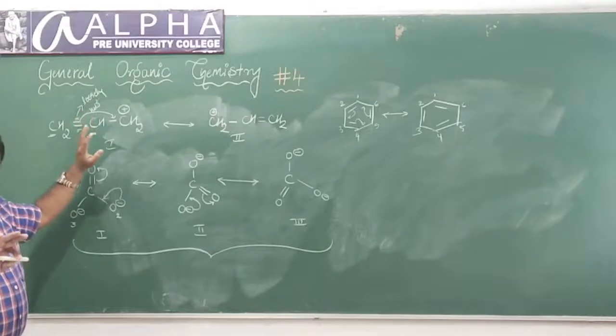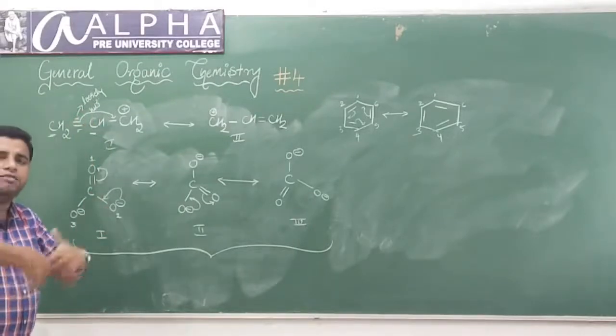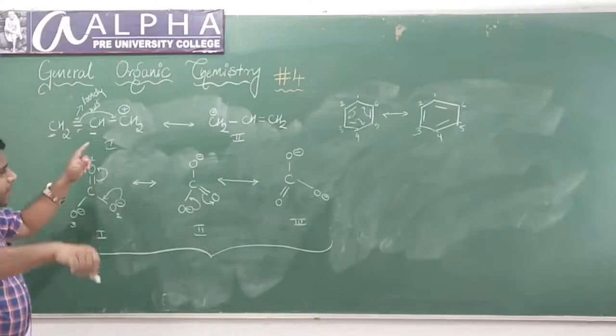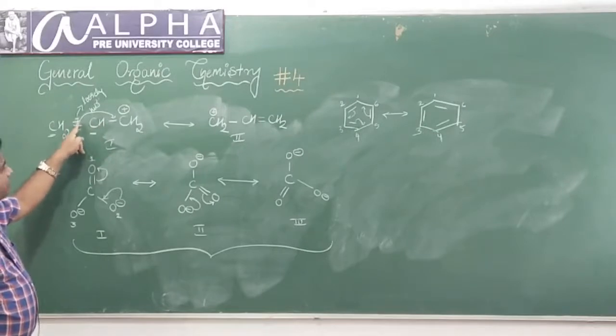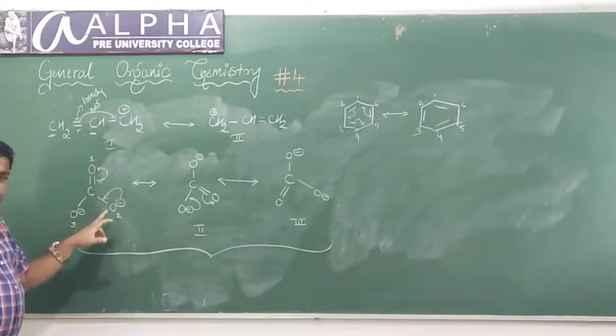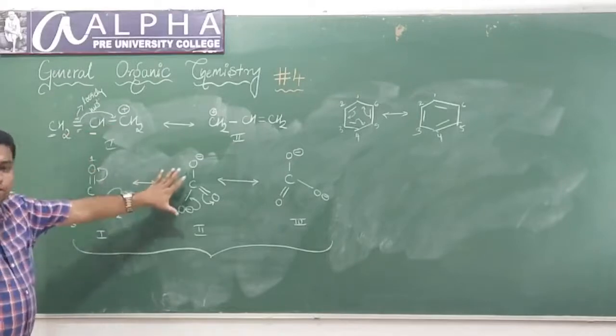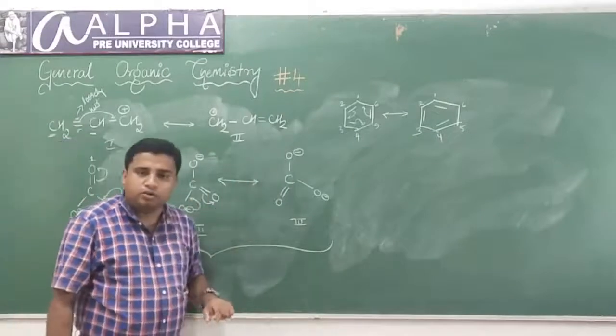The pi electrons are not being displaced away from the molecule; they are displaced within the molecule. Look here: the pi electrons are displaced from this region to this region in the same molecule, and from here to here within the same molecule.